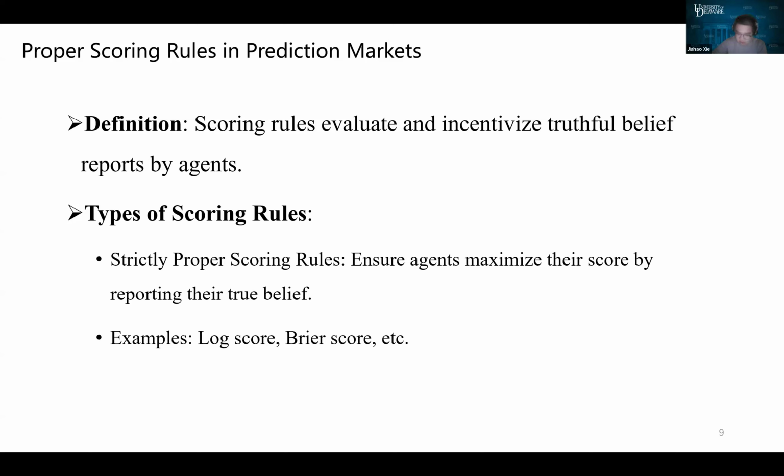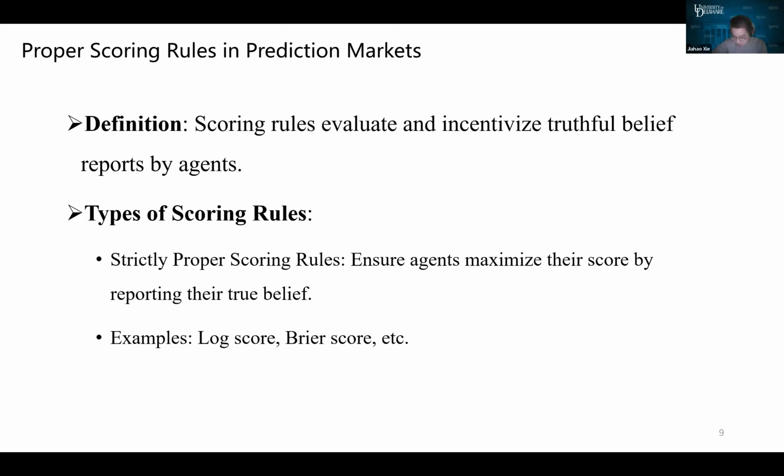In the proposed framework, the authors use a strictly proper scoring rule. This type of scoring rule is designed to ensure that agents will maximize their score by reporting their true beliefs rather than guessing or manipulating their responses.